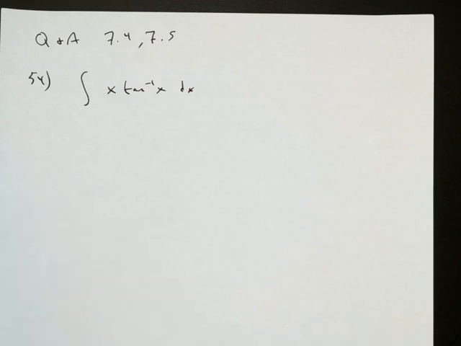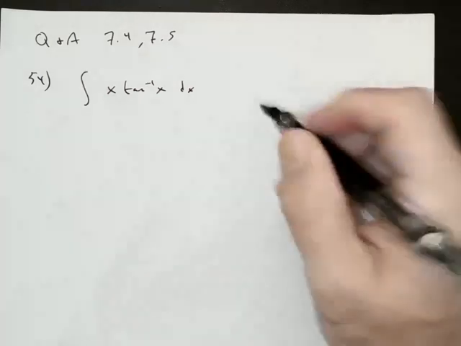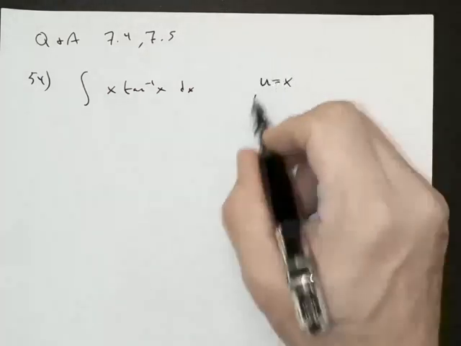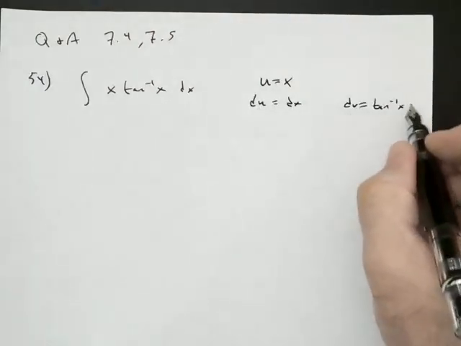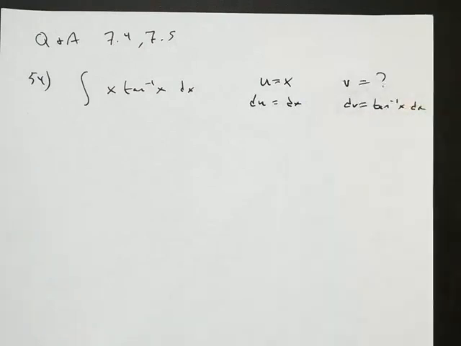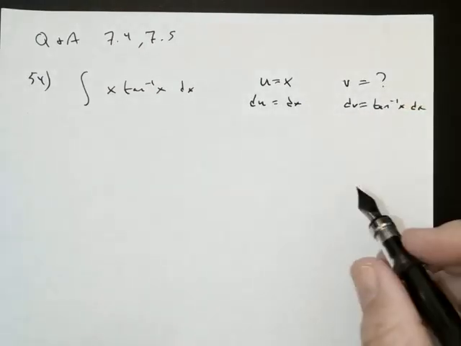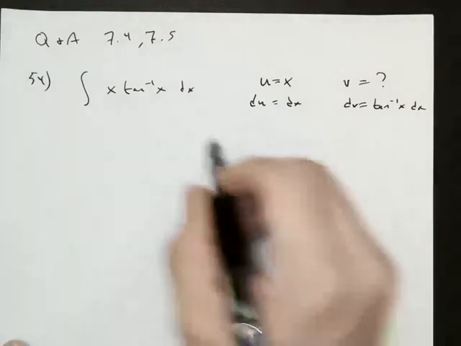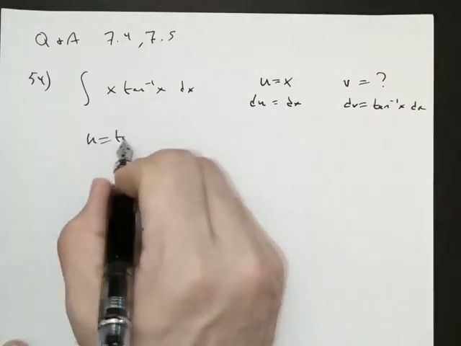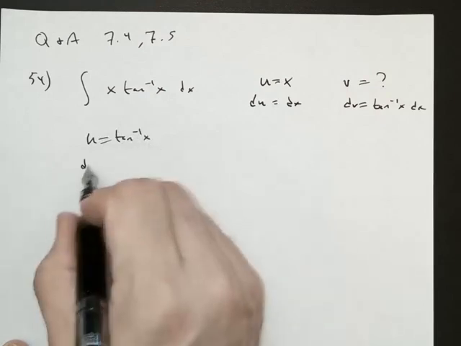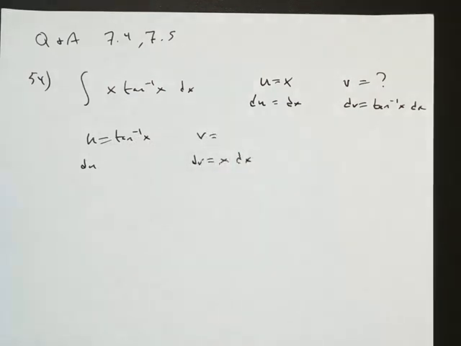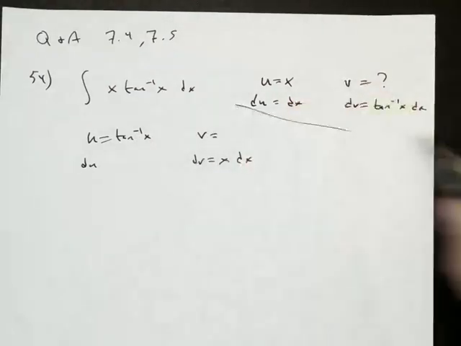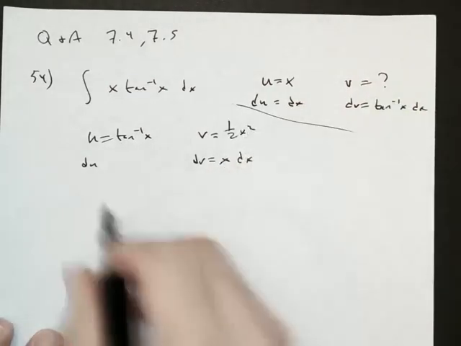If I do what you suggested, Jacob, if I write u equals x, then du is dx, but then dv is inverse tangent of x dx, and I don't know how to integrate that. So that's not helpful. But if I go the other way, then what's v? And what's du?